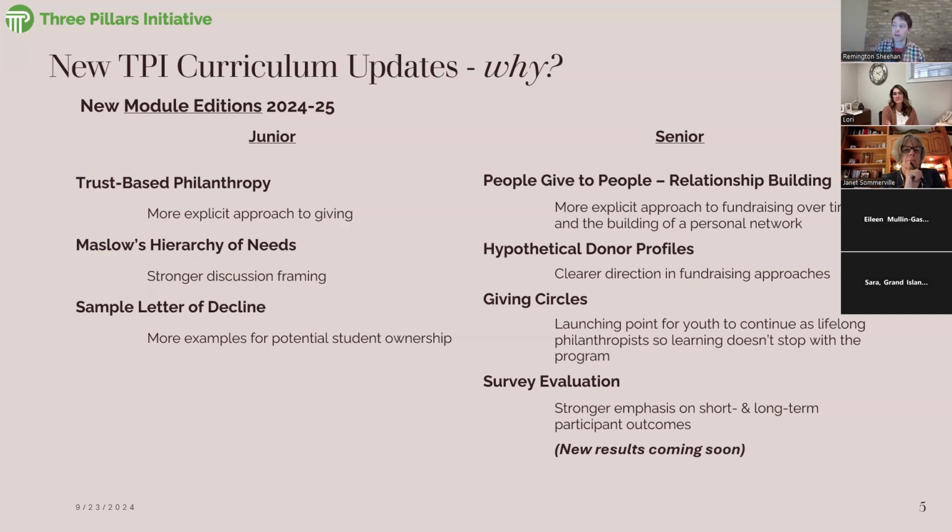For the senior year, also hypothetical donor profiles. We know some of you have been able to find a lot of success with the approaches that you've had for fundraising in the past. But for anyone that has had any general issues or been a little bit uncertain of what you're actually trying to do, we want to be a little bit clearer about the direction that you're taking in your fundraising approaches, and who you are specifically trying to aim for, whether it's looking at the different types of donors, the different people in your community, who has the means to provide more funds or who has the interest in it.